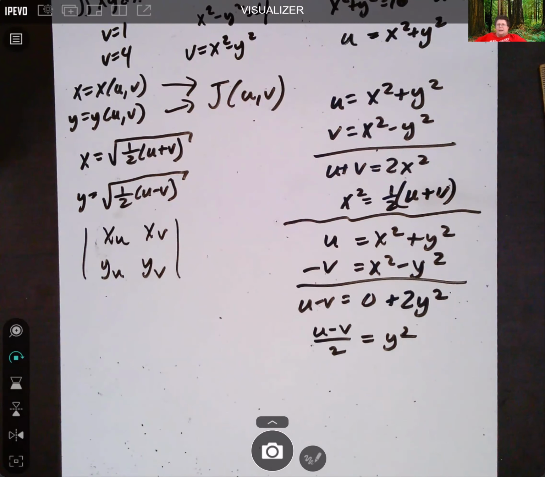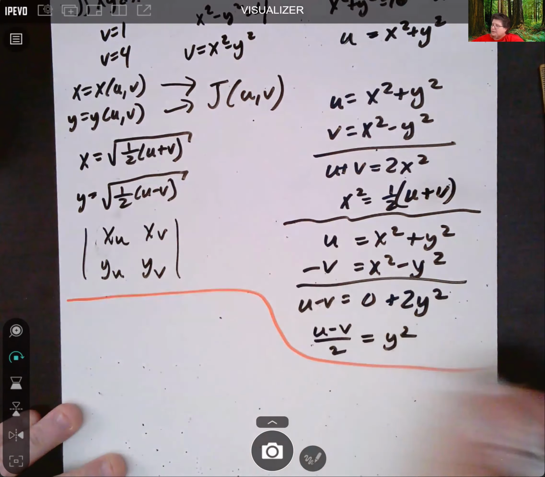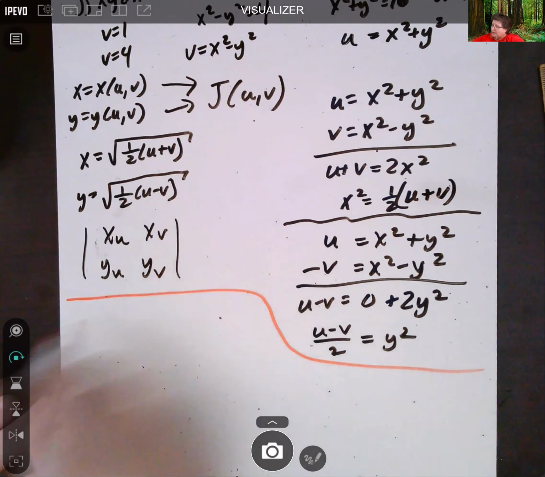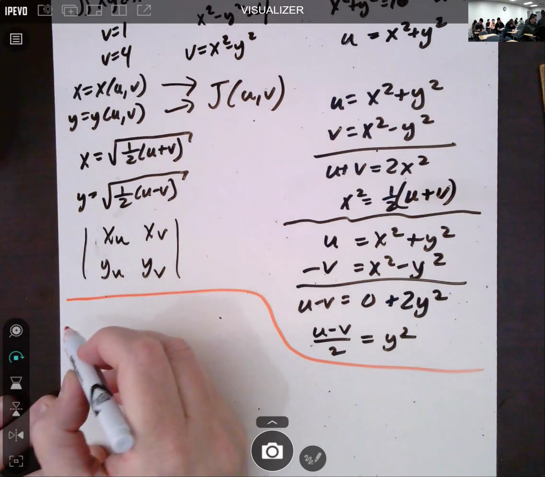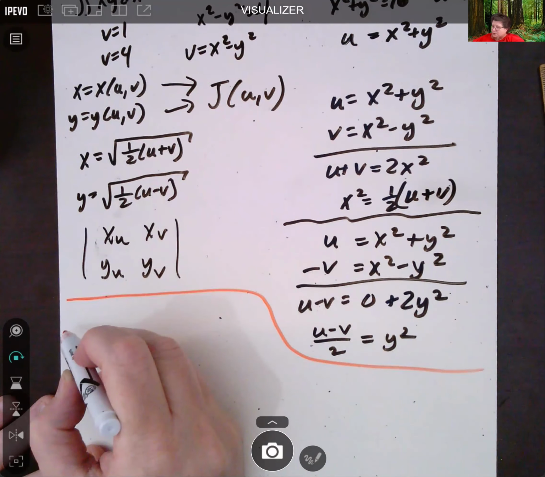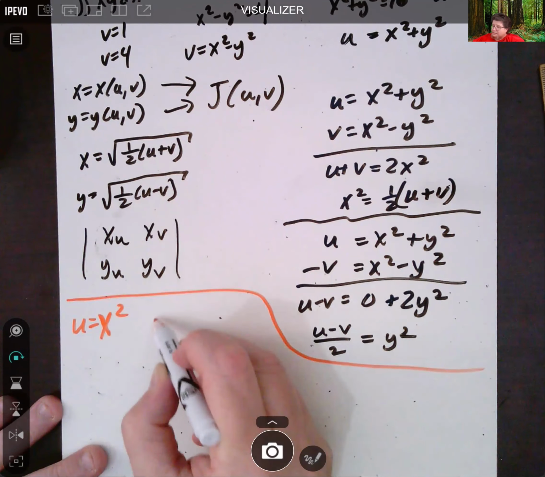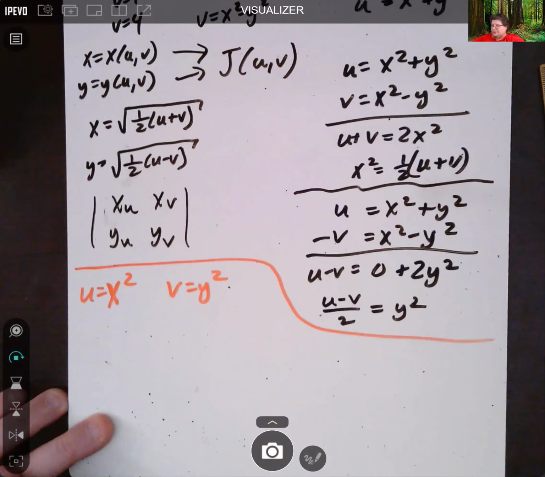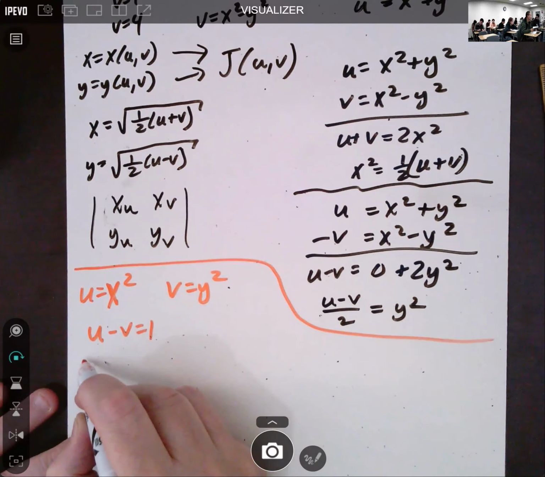You could also try, and I don't know which one's going to be better, doing u equals x squared and v equals y squared. You could try that. So we would have u minus v equals 1, u minus v equals 2.